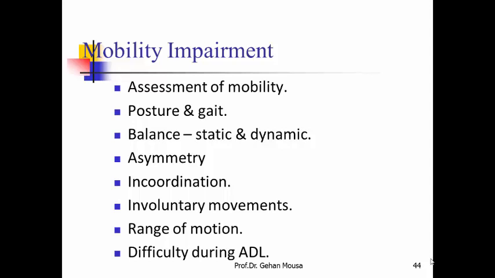Assessment items should include: assess patient posture, and gait if the patient is ambulant, assess the mobility of the joints through range of motion, assess balance including static balance and dynamic balance, assess the presence of incoordination through assessment of coordination, assess the presence of involuntary movement, and assess ADL.